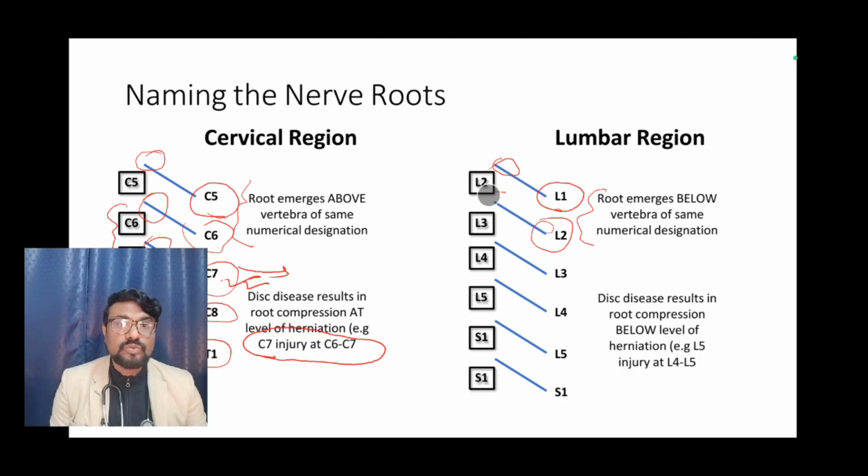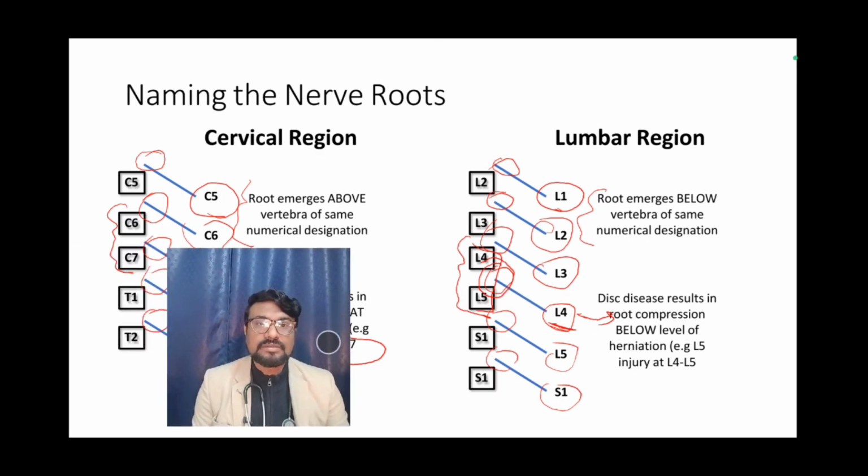That is, L2 below the L2, L3 below the L3, L4 below the L4, L5 below the L5, and S1 below the S1. And disc disease results in root compression below the level of herniation. That is, if the patient has L4 symptoms, then L4 and L5 vertebral disease will lead to the symptoms of L4.